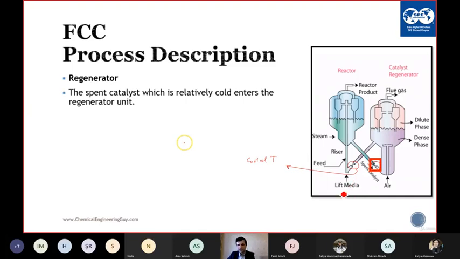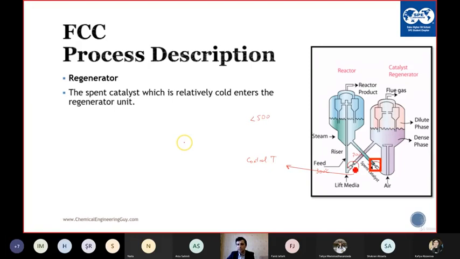The exact answer is that we have the feed, which I said comes at around 300 degrees Celsius, and we have the catalyst here coming at 700 degrees Celsius. So we heat the feed with the catalyst. If, let's say, we see that the temperature is below 500 degrees Celsius, we have to increase it.